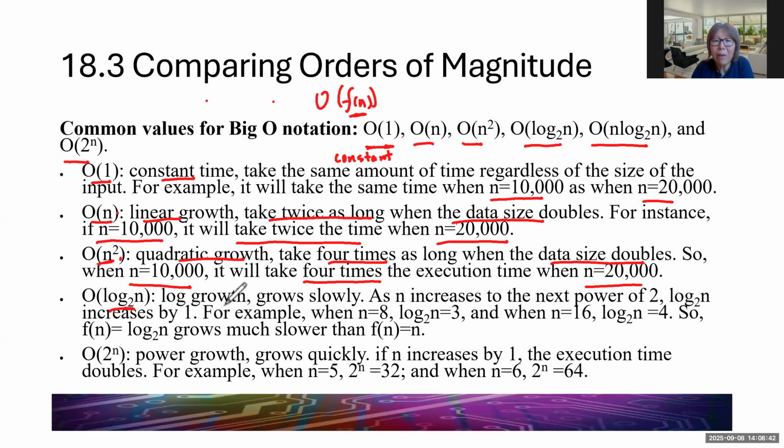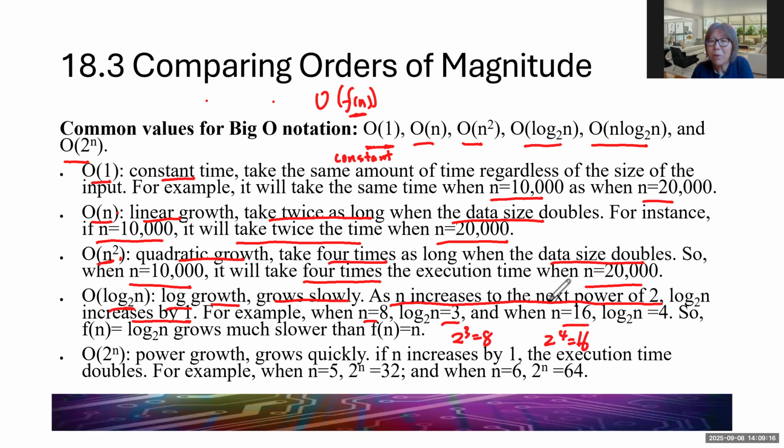And the next is log 2n, which is called log growth. It grows slowly. When n increases to the next power of 2, log 2n only increases by 1, so it's quite slow. Here is an example: when n is 8, log 2n is 3. 8 is 2 to the 3, and 16 is 2 to the 4.